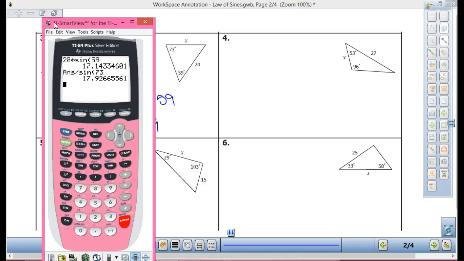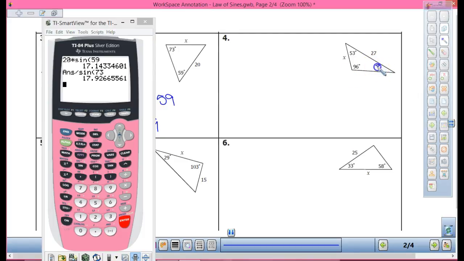Okay, so how am I going to find that opposite angle? Yeah, 180 minus 53 minus 96 gives me 31. Okay, now you have the information that you need in order to do it, correct? All right, so I want everybody to do number 4.